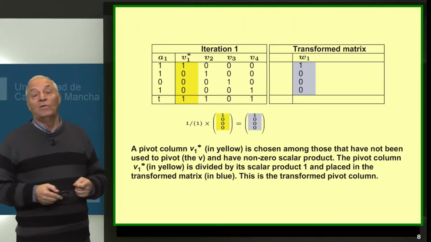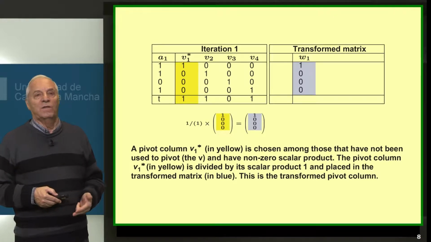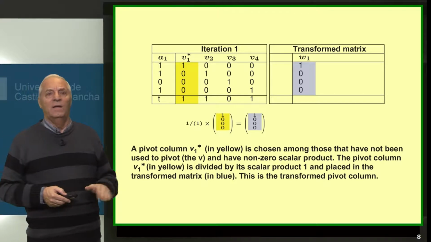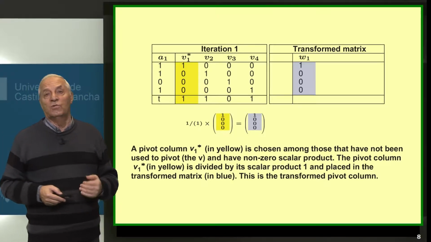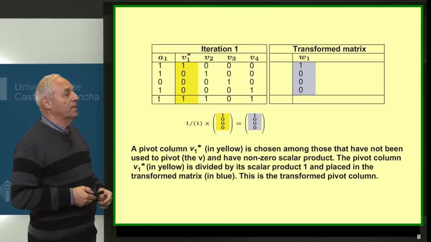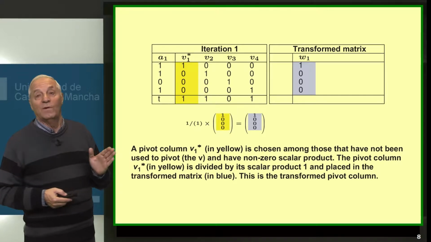If the scalar product is 0, automatically that column is discarded, and cannot be used as pivot. Therefore, the 2 conditions are that it has not been used before for pivoting, and that the scalar product is not 0. In this case, we can choose v1, v2, and v4.